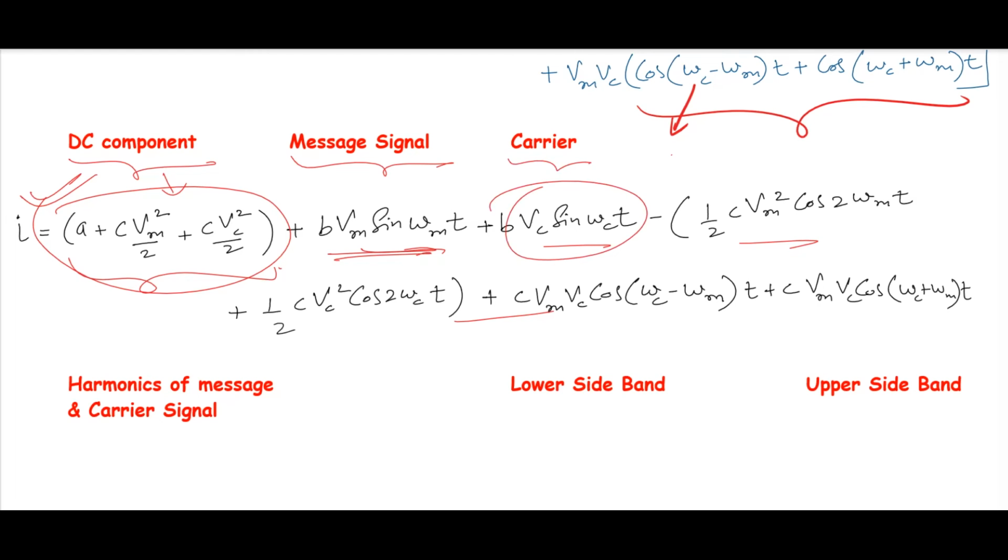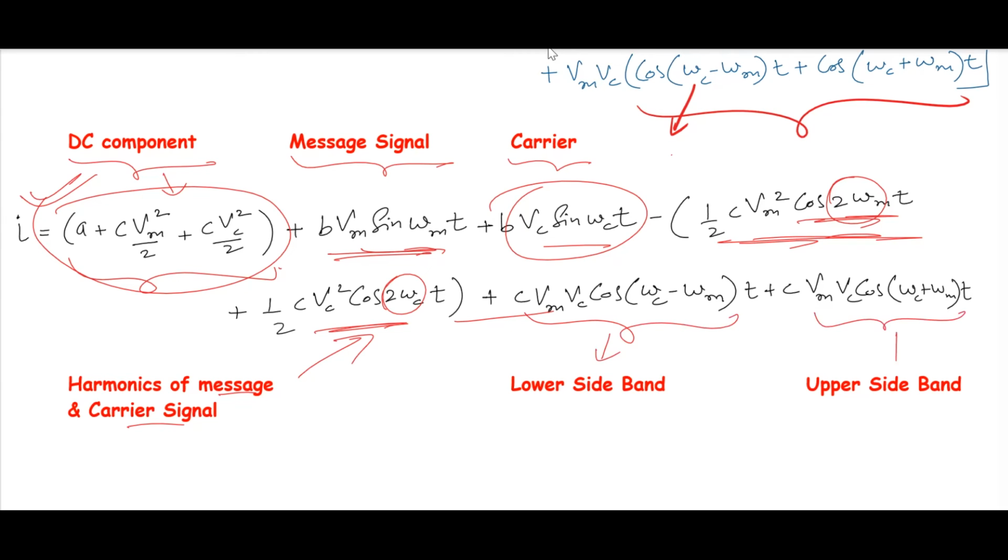These two terms are the harmonics of the message and carrier signals. This is the harmonic of the carrier signal, twice omega ct. Likewise, this is the harmonic of the message signal, twice omega mt. Then you'll observe the lower sideband value, and likewise the upper sideband value. Lots of different components you'll observe.